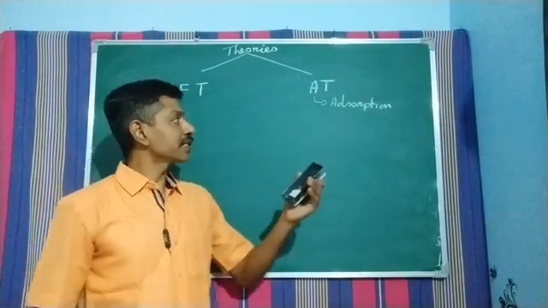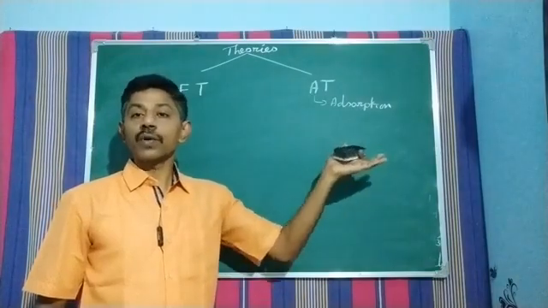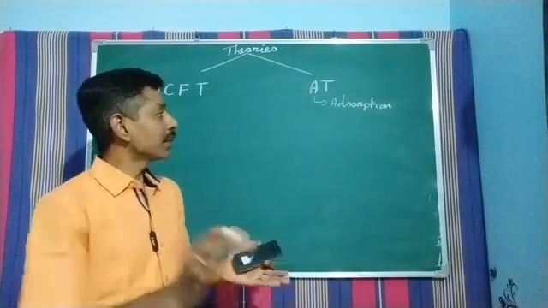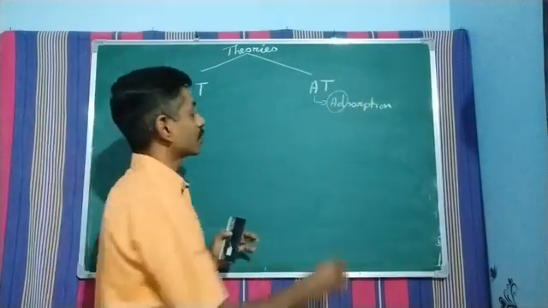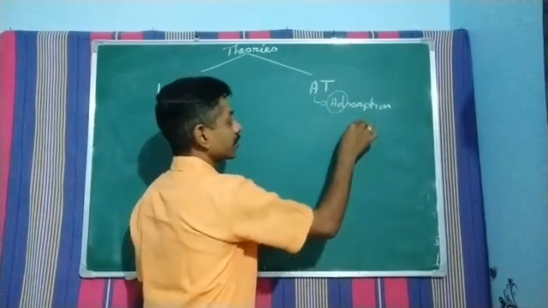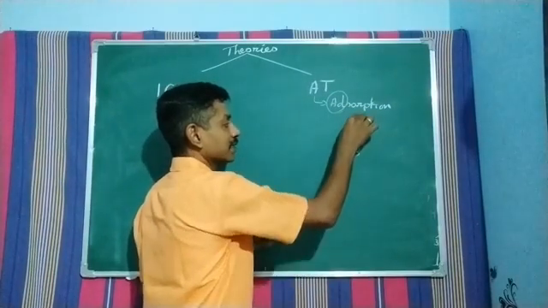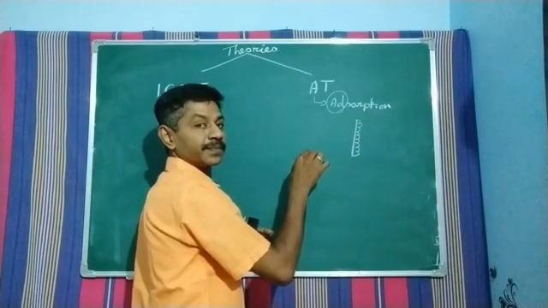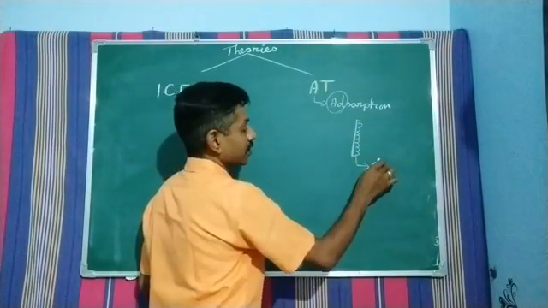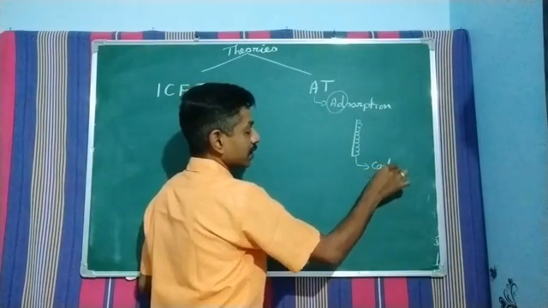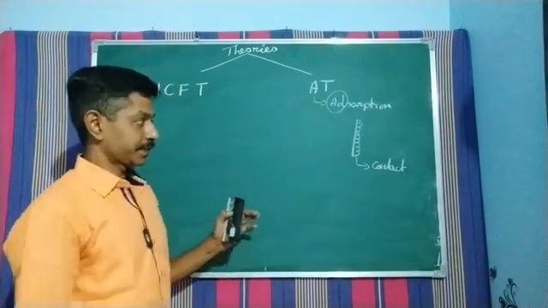So Langmuir, the scientist, came out with a new theory, the adsorption theory. From the word you can understand adsorption. We learned a lot about adsorption. Adsorption is a surface phenomenon, and here it occurs on the surface of the catalyst. So that is the reason why adsorption theory is otherwise also called the contact theory of catalysis.